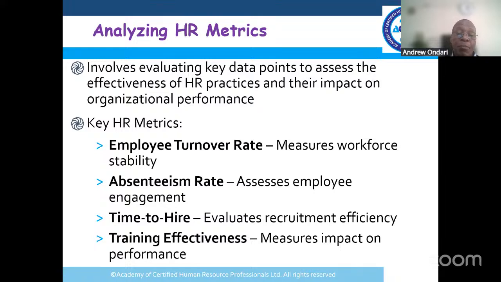Number 1 is the results. After a training, an employee should produce desired results. The reason why we train is to ensure that employees improve their performance. So performance is measured by analyzing the results after the training process.